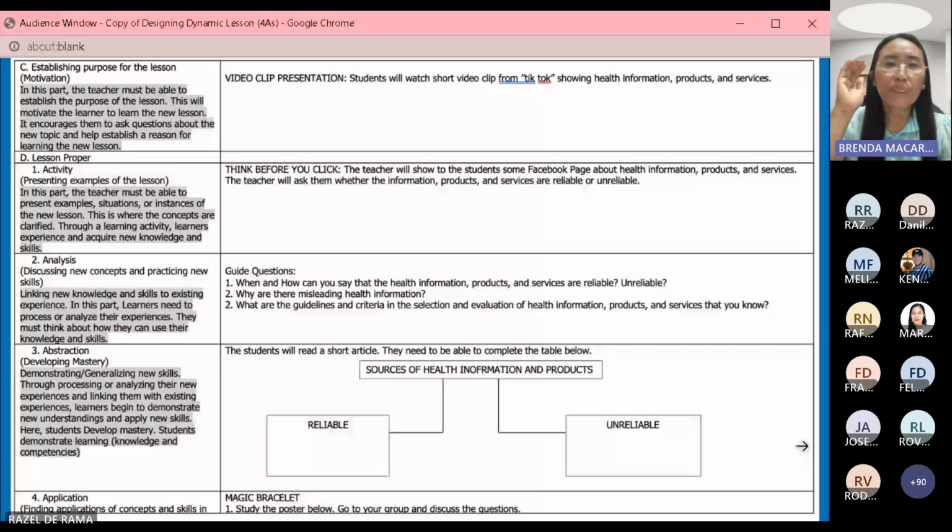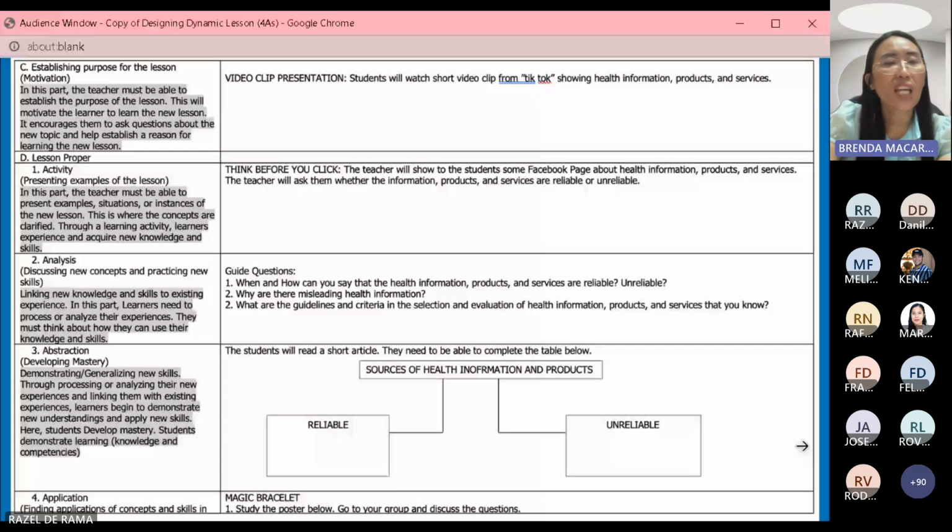Okay? So, the critical thinking skills of the students are being enhanced here through the use of the guide questions. So, kung paano natin ma-enhance, ma-develop yung critical thinking skills ng bata, it is how we deliver now the questions to them based on the different materials or even the use of ICT in our classroom.